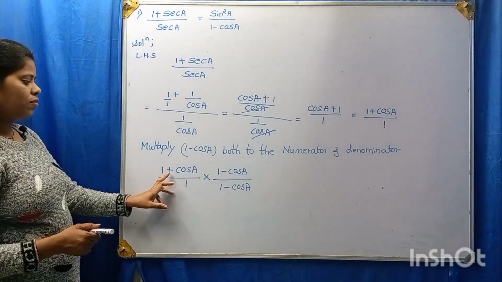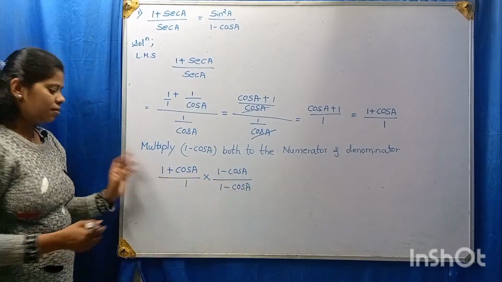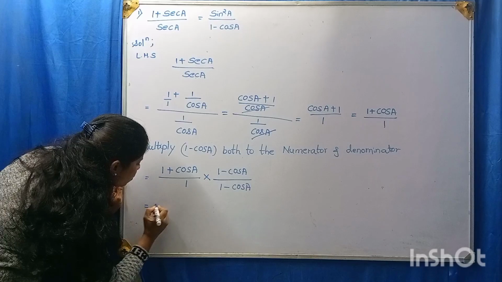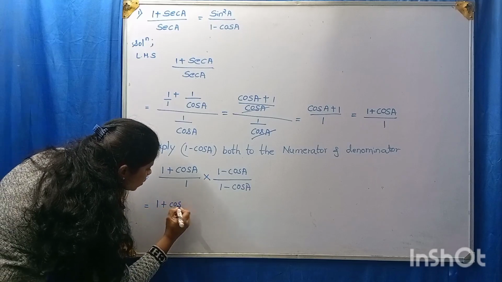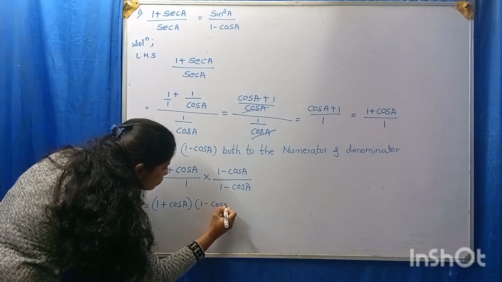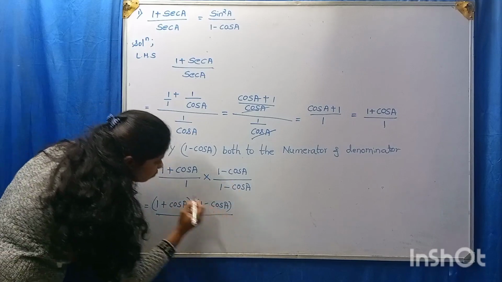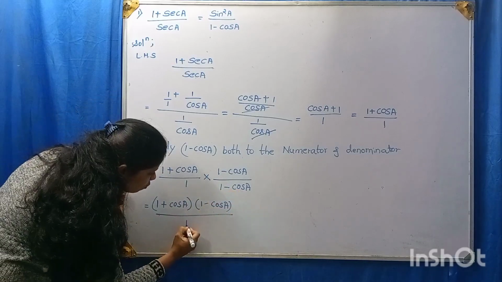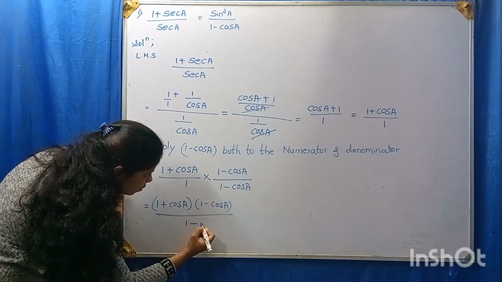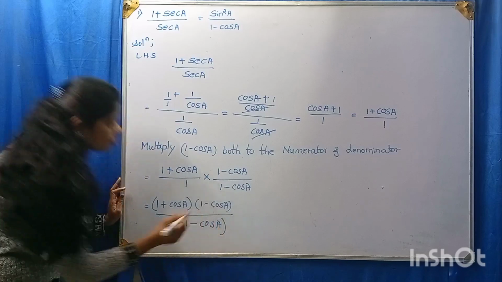What will it become? 1 plus cos A into 1 minus cos A, whole divided by 1 into 1 minus cos A, which is 1 minus cos A.